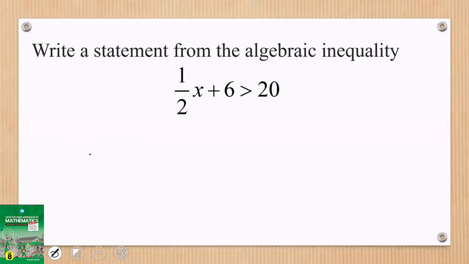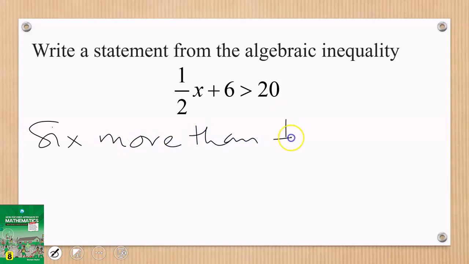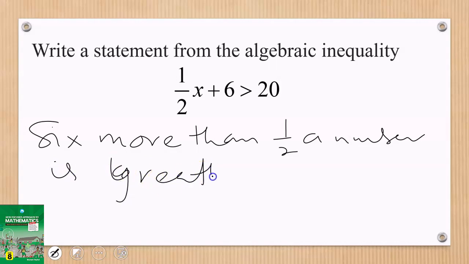Good. Okay, let's take the last one. What if I say write a statement for this? So here too you can say 6 more than half a number is greater than 20.